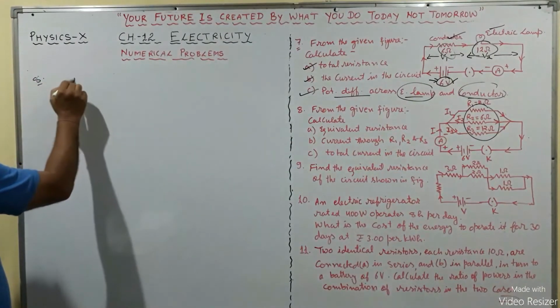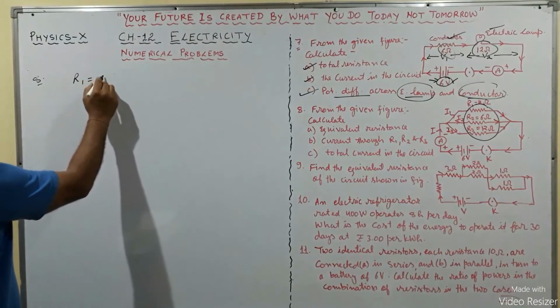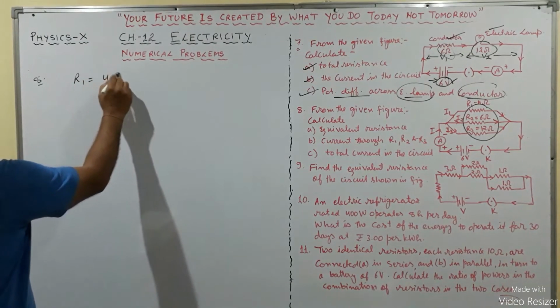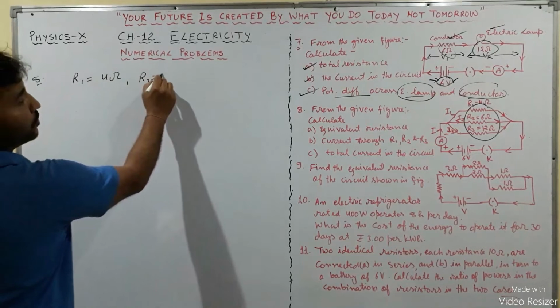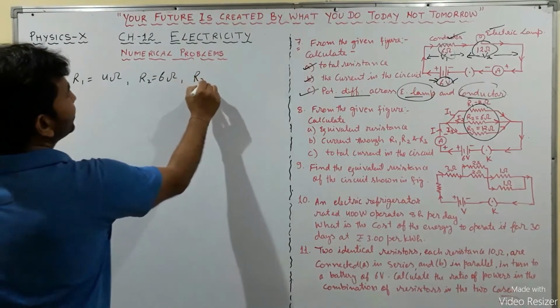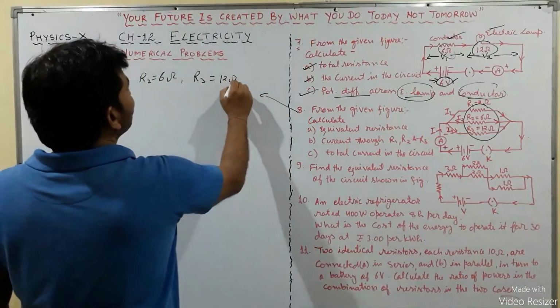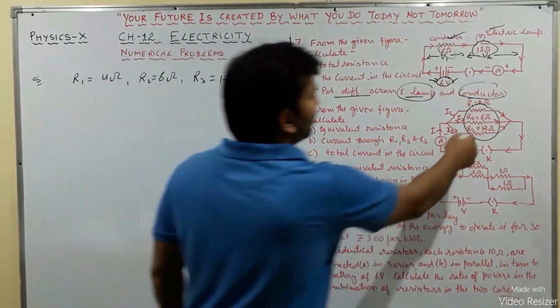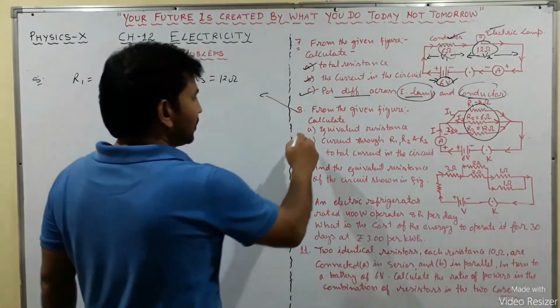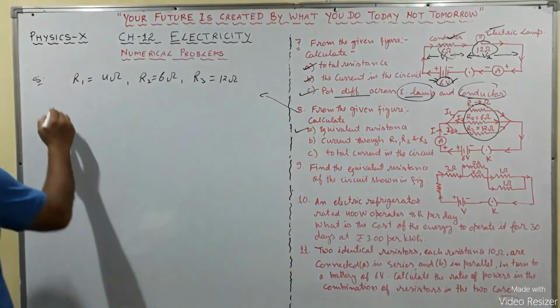So 3 resistors, R1 is equal to 4 ohm, R2 is equal to 6 ohm, and R3 is equal to 12 ohm, which are connected in parallel. So first of all, what we have to calculate? We have to calculate the equivalent resistance.